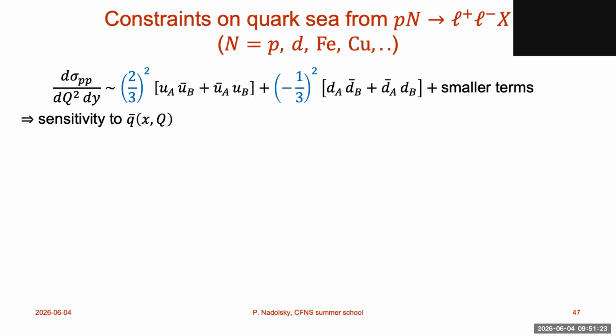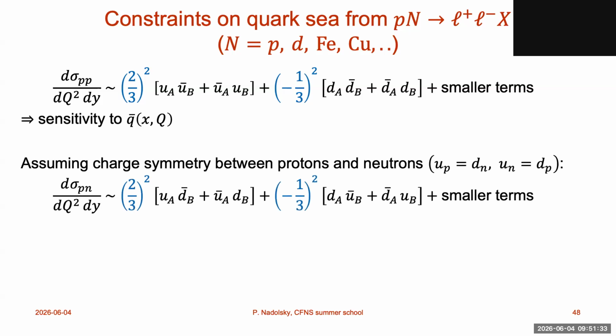In the case of lepton pair production at low Q, where they're dominated by the photon, you do have sensitivity to C PDFs in this case, right? So now, this is the expression for proton-proton Drell-Yan pair production.